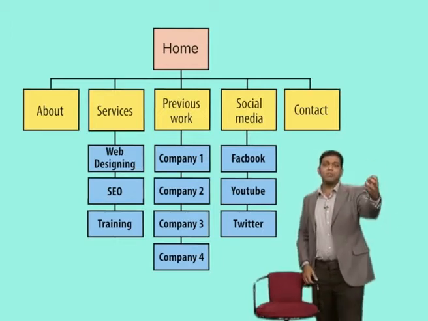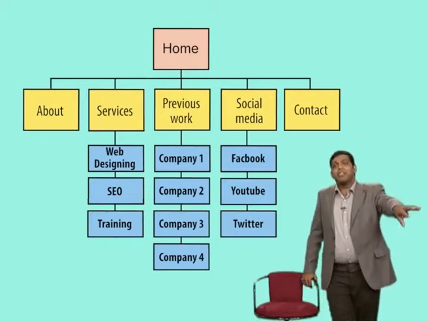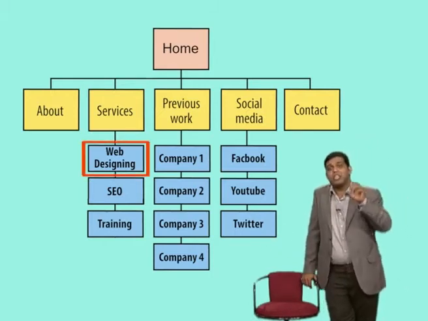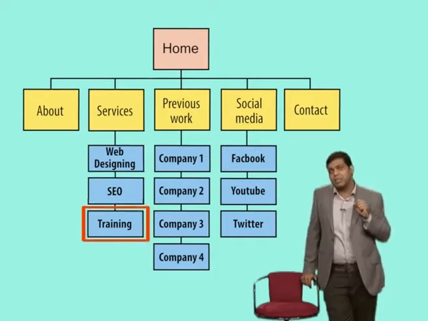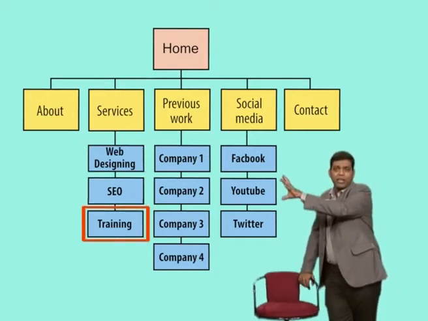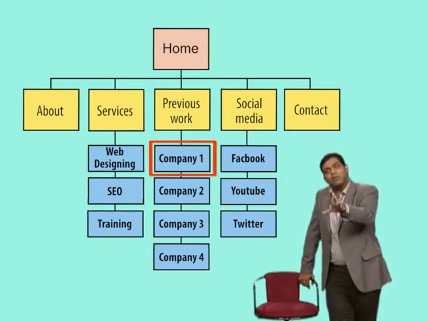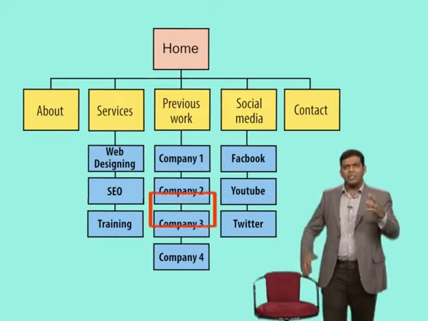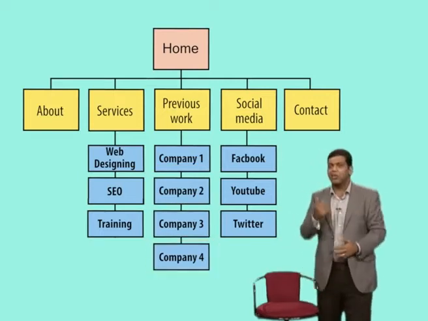If you go into services page, this becomes a parent now. It might have multiple children. Like we discussed, your web design services is one child, your search engine optimization services is another child, your training services is the third child. If you go into your earlier case studies, work done for one company becomes one child on one page, etc., etc. So there is a very clear structure and very clear parent child hierarchy on the website.